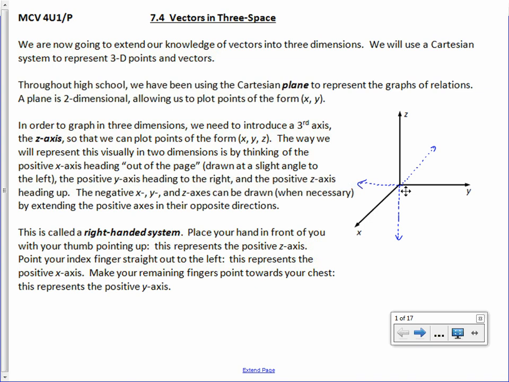This represents the x-axis, and then make your remaining fingers point towards your chest, and that's the y-axis. So you have x, y, z. Does this make sense? X-axis pointing to the left, y-axis pointing towards you, z-axis up. So that's your default order: x, y, z.